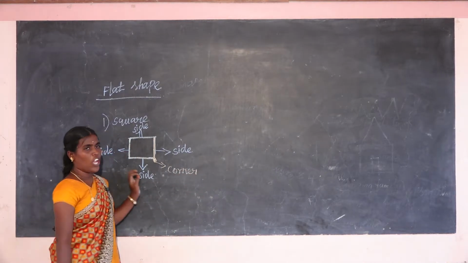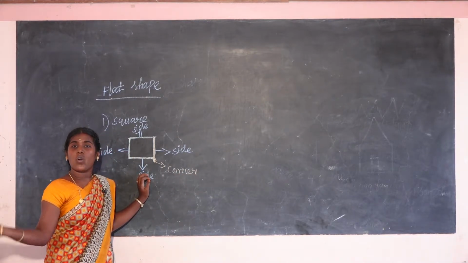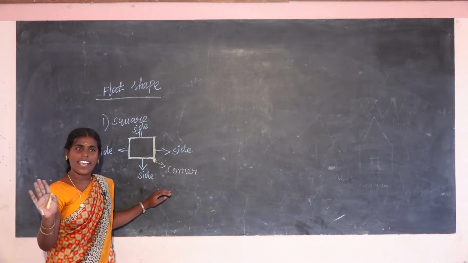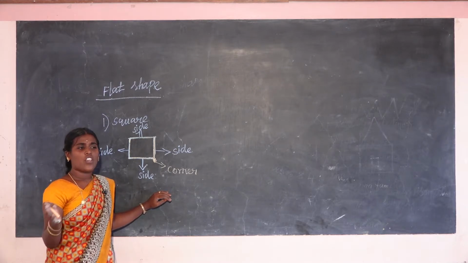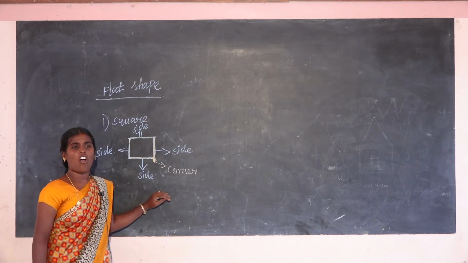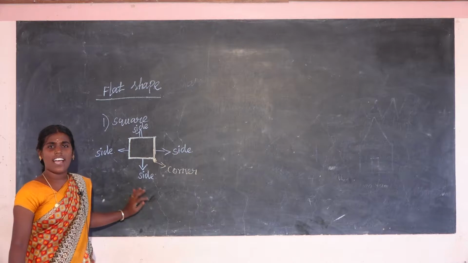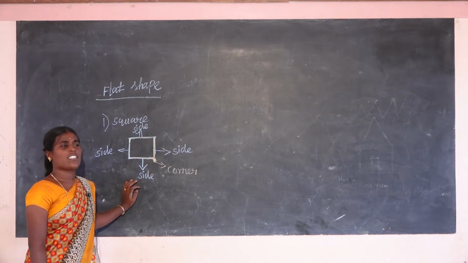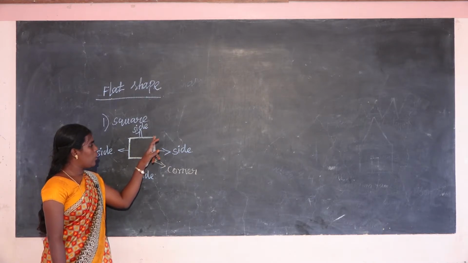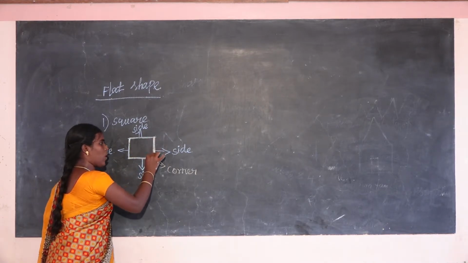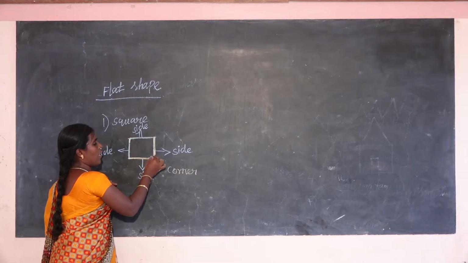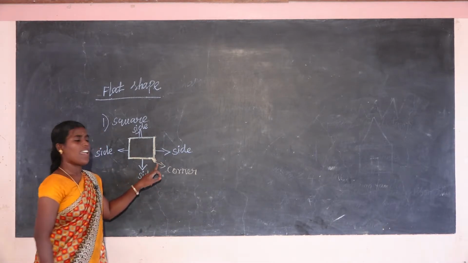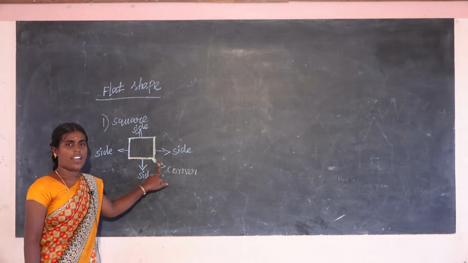Everyone, you see in your home, the place where two walls join is called a corner. Go and check in your home how many corners there are. Imagine this is one wall, then here another wall. The place where both walls join is called a corner.